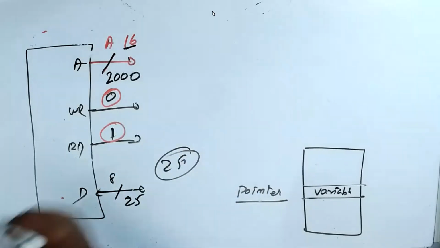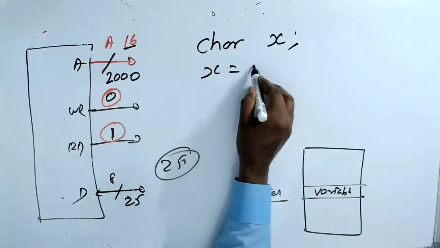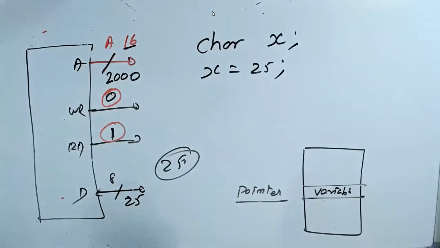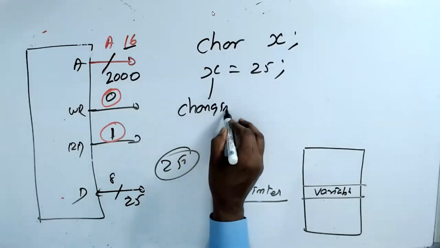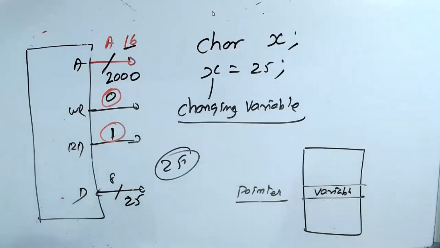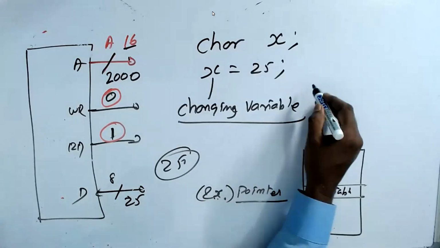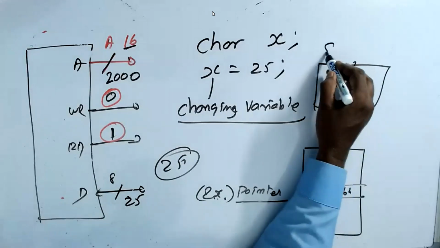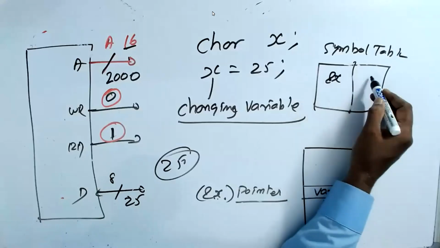If I say char x is equal to 25, you are changing the variable. But this variable also has an address which is not shown to you. What is that address? That is &x. That is the pointer. Who gives the pointer? The compiler creates a symbol table, and puts &x and puts 1000.